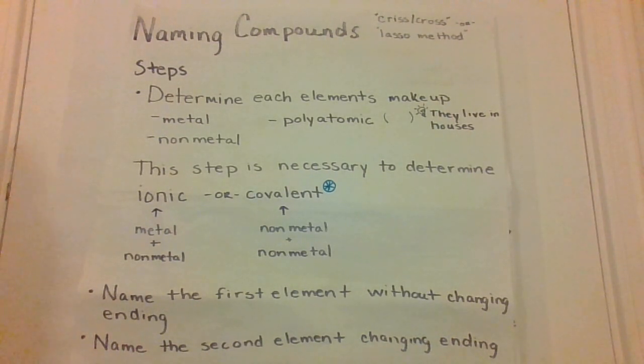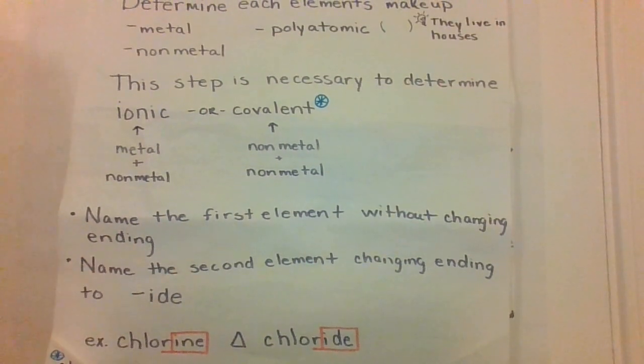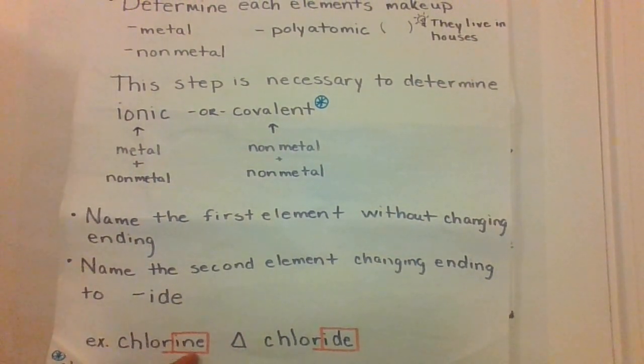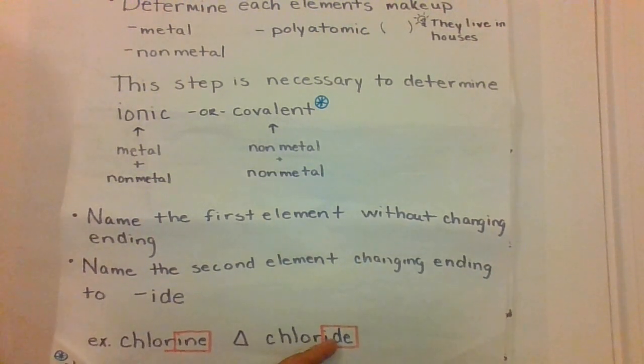When we name these compounds, this will become a little more apparent. Then for our second element, the ending changes: from what you're accustomed to seeing as an -ine in most cases, it will change to -ide.